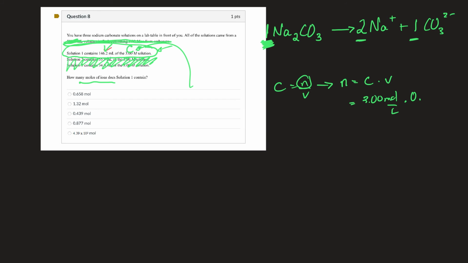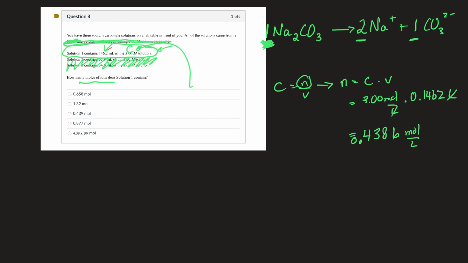Let's convert that to liters. It'd be 0.1462 liters. Okay, if I multiply that, let me see if I can just do it in my head here. 6, 18, 1, 13, 4. Okay, so it'd be 0.4386 moles per liter. And that's of sodium carbonate.